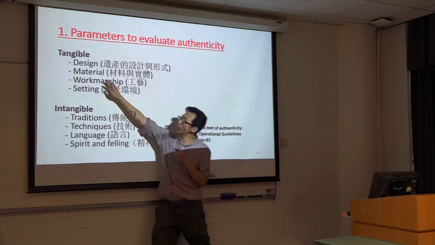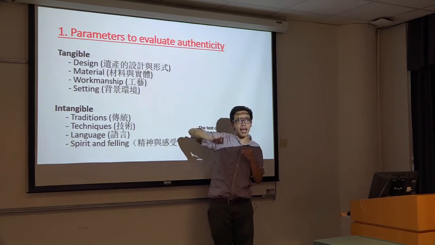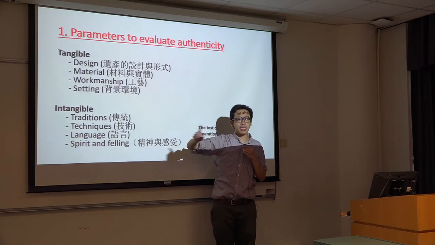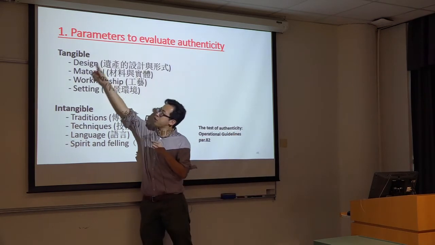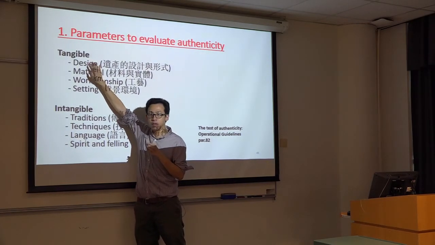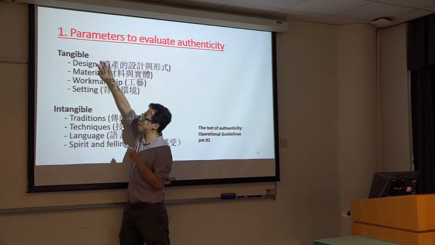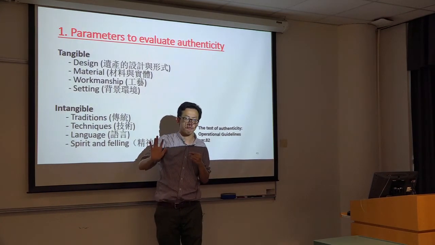And then we need to understand design, how that group of workers decided the building or the architecture in a certain way. So when we do conservation or restoration for tangible cultural heritage like a monument, we need to have all this information first before we start to make any changes.